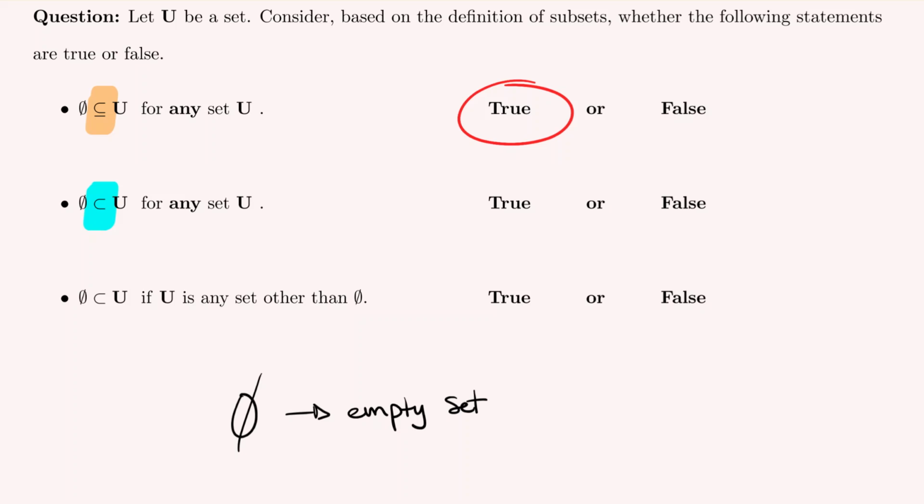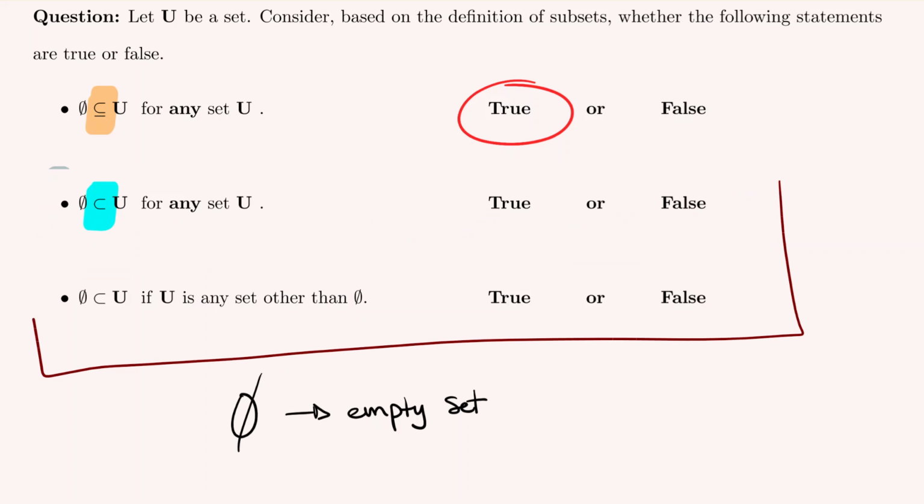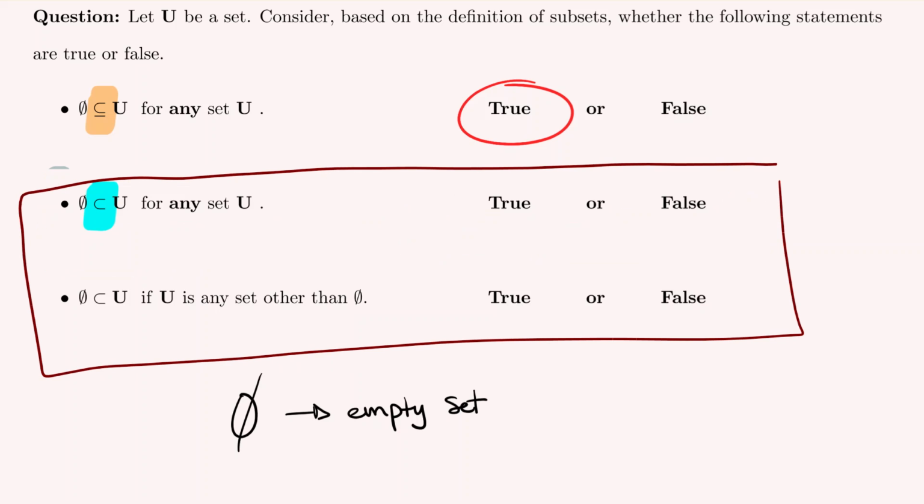For proper subset, not only does it have to be a subset, but the two things can't be equal. So think about if this is true or false, and I think it would be helpful to read the third statement as well. Pause the video, read these two, and think about it.